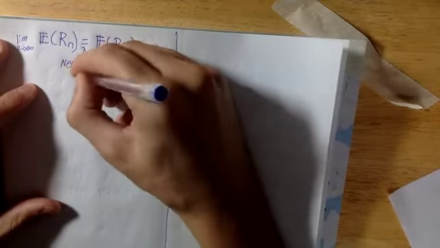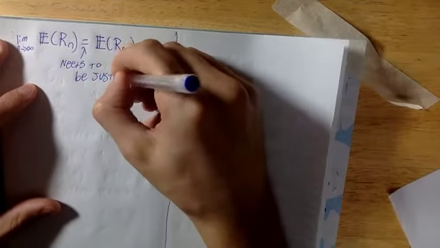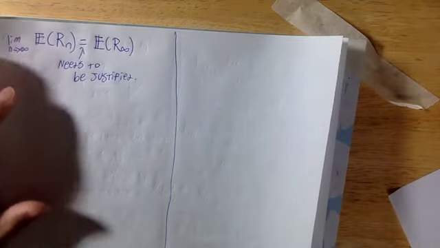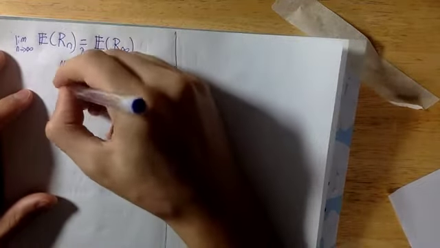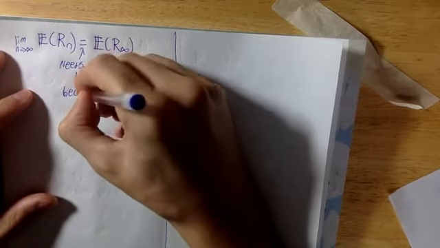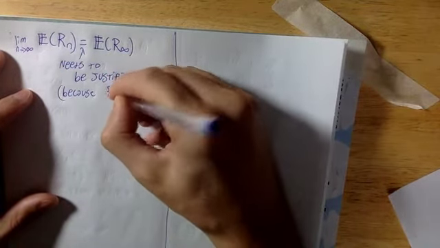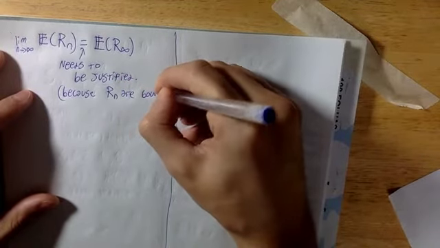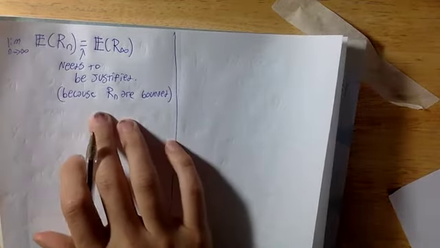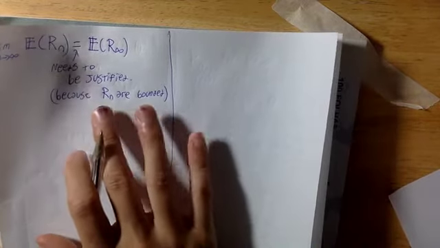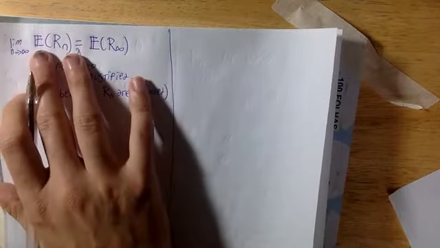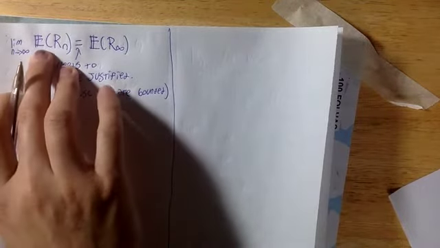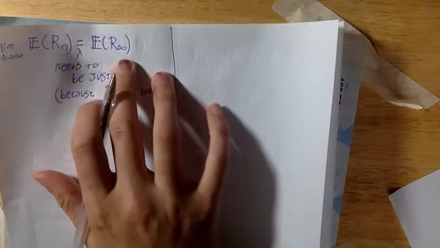This also needs to be justified. In this specific example, it can be justified because Rn are bounded. If you have a bounded sequence of random variables that have a pointwise limit, then we can show that the limit of the expectation of Rn is equal to the expectation of R infinity.